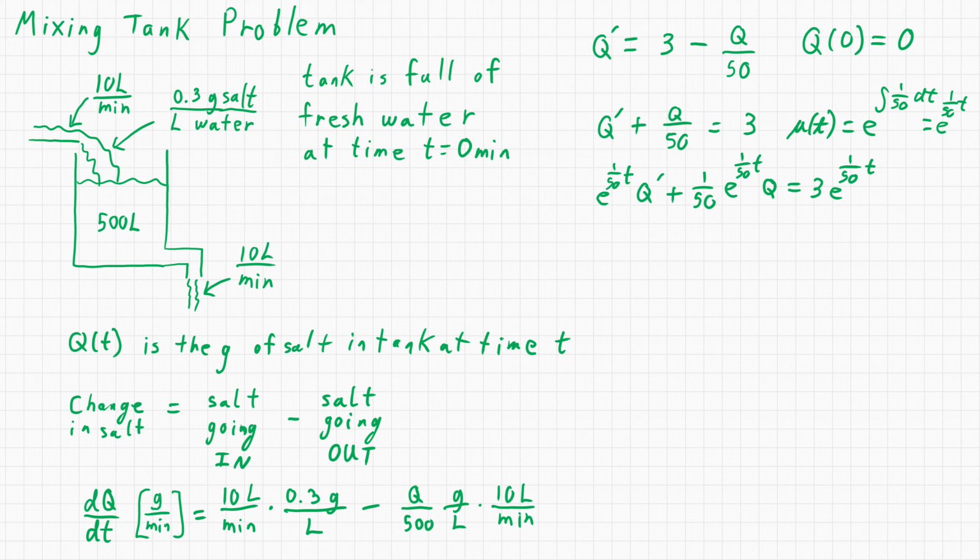All right, so now we can collapse this, kind of go product rule in reverse. So we'll end up with e to the 1 over 50 t times q, whole thing prime, equals the integral of 3 e to the 1 over 50 t. Integrate both sides.